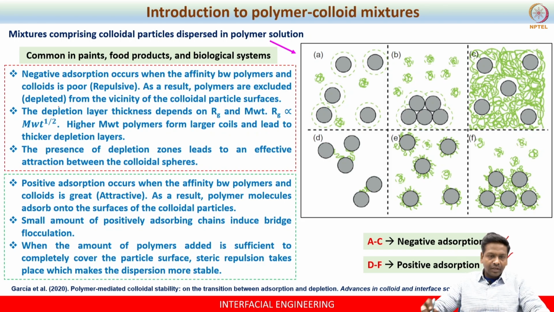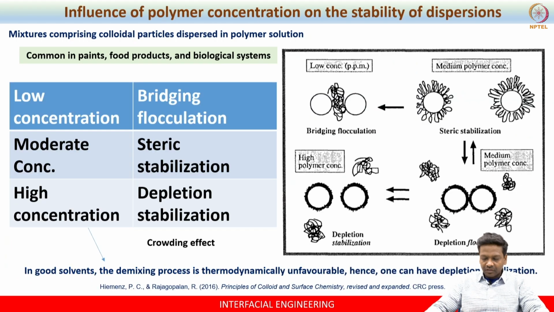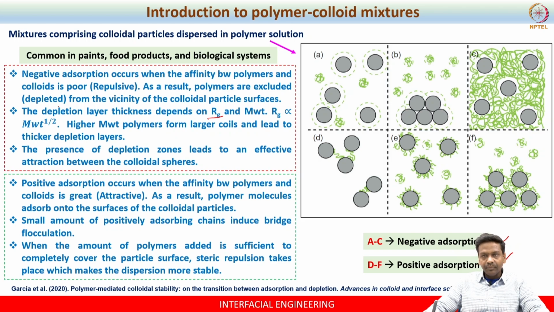So how do we control this depletion layer thickness? It depends basically on the size of the polymer molecule. As the size of the individual polymer molecule goes up, the depletion zone itself will grow, right? The size of the polymer molecule is characterized by what is known as radius of gyration, that is R suffix G. It is affected by molecular weight, because radius of gyration is proportional to molecular weight to the power 1 by 2.